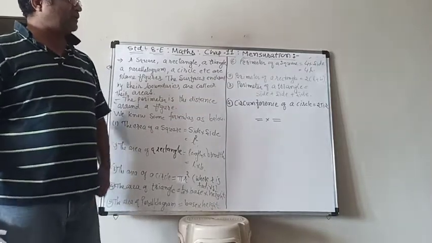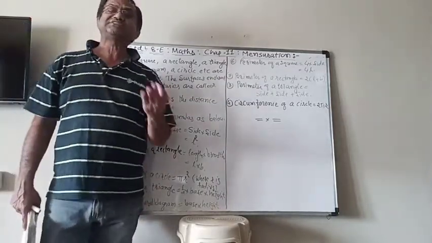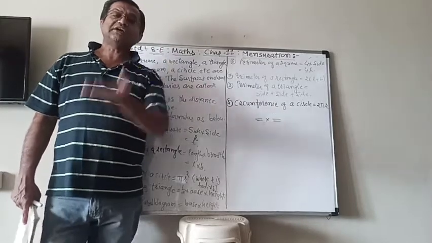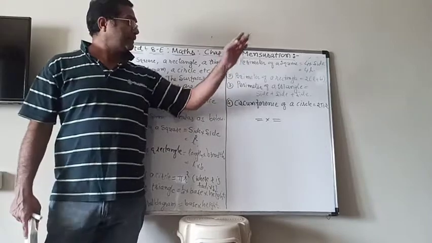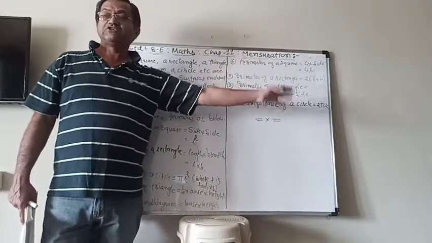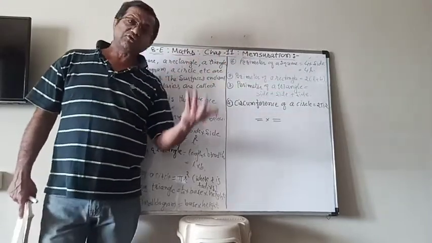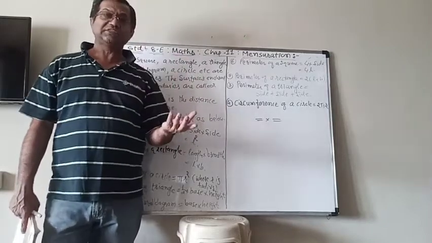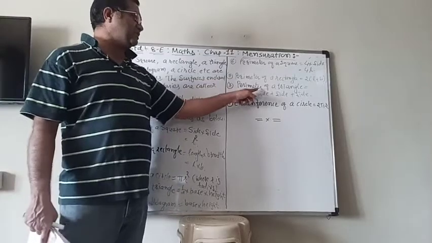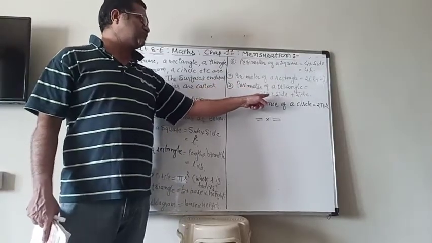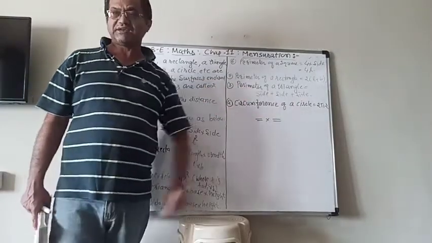Similarly, a triangle has 3 sides. So we have to sum the measures of the 3 sides, means side plus side plus side. All 3 sides can be equal, can be different, whatever is there. So we have to add them to get the perimeter. So perimeter of a triangle is equal to side plus side plus side.